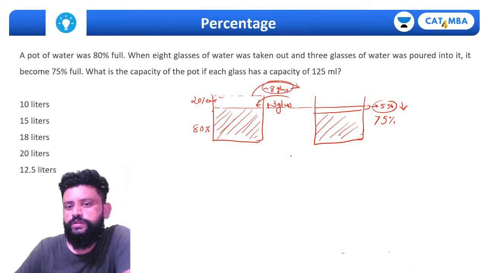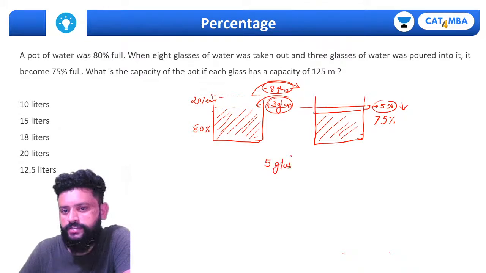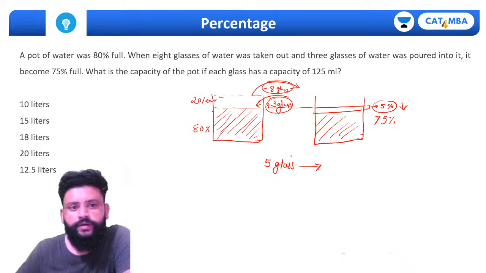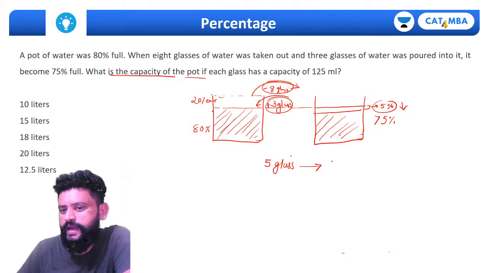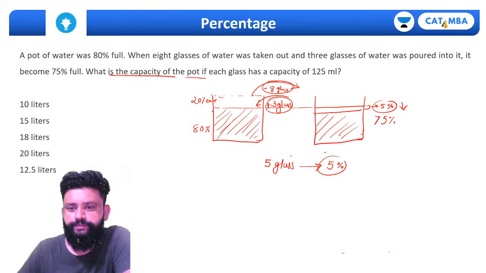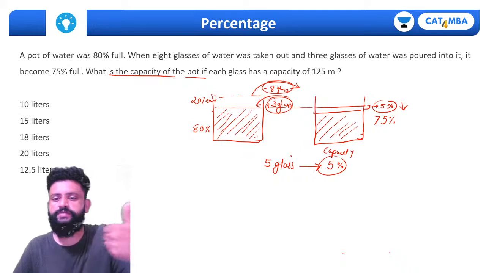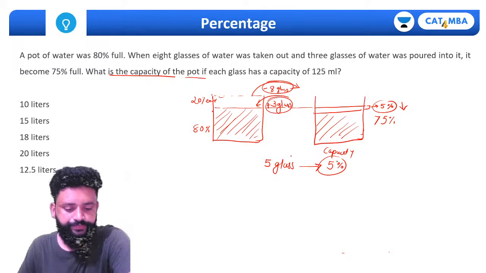And यहाँ पे देखो 5 ग्लास निकाले, 3 ग्लास ऐड किए, so that means 5 glass of water. What is the capacity of the pot, ये पूछा है. Okay, so 5 glass is 5% capacity. Is it okay? Give me a thumbs up if you understand up till now.